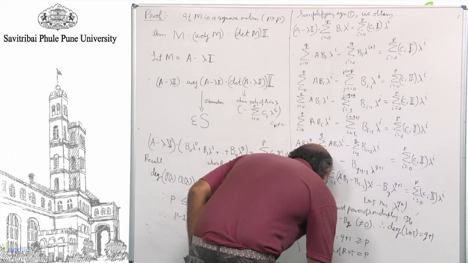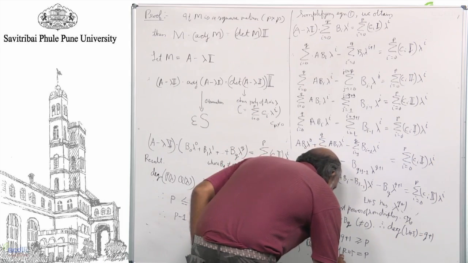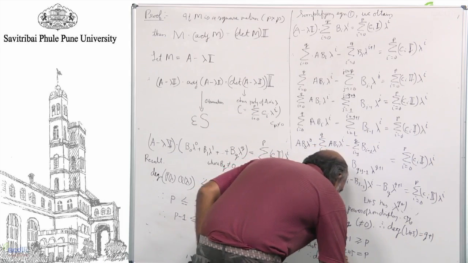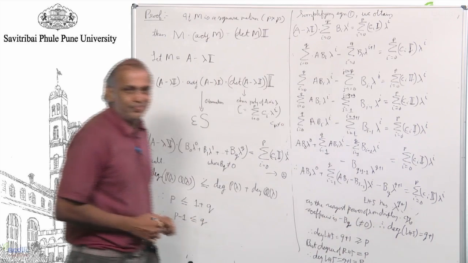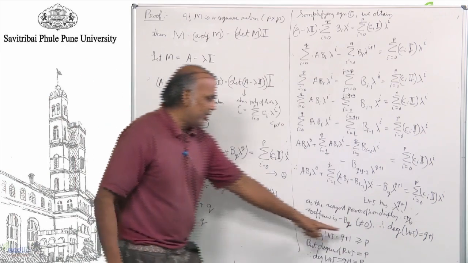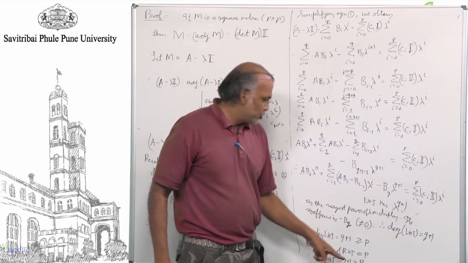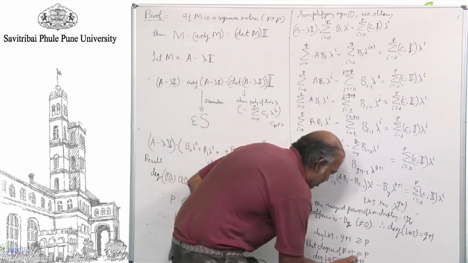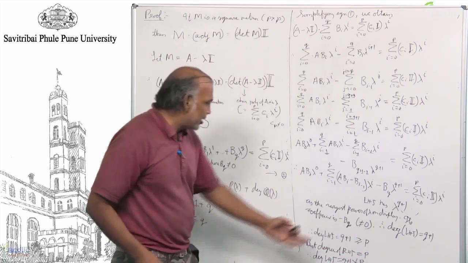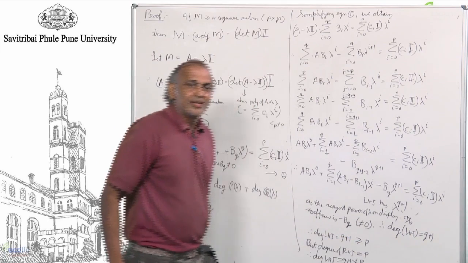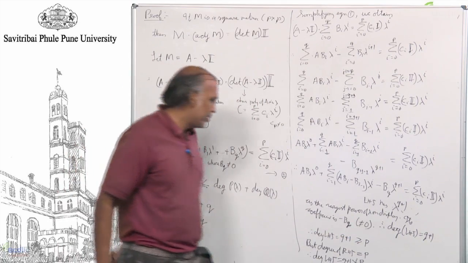Therefore, the degree of LHS will have to be equal to q plus 1, which has to be equal to p. It can't be bigger than p. So regarding this inequality, I should have said this is not greater than p. If it is not greater than p, because of this result, you will get it to be equal to p.